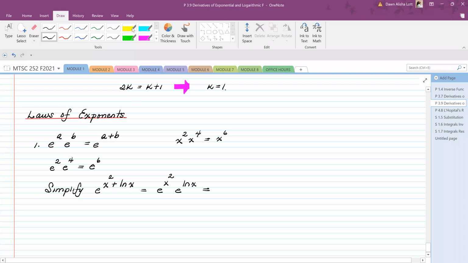But the e to the natural log of x, that little thing just becomes x. So this is x e to the x squared.